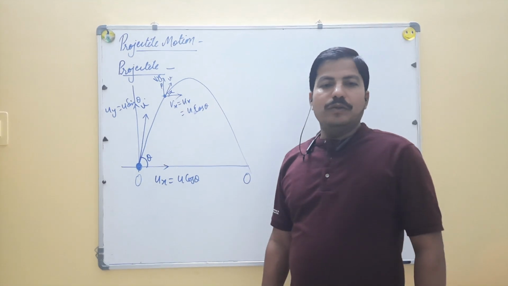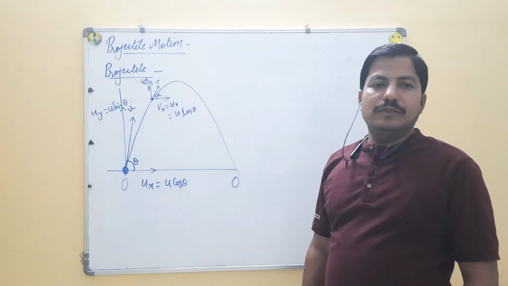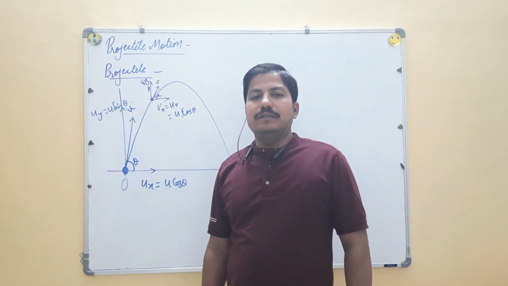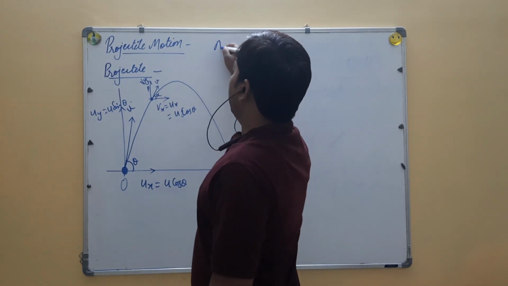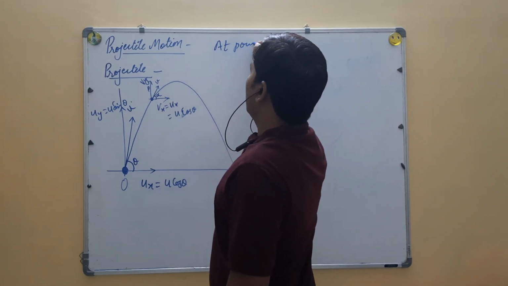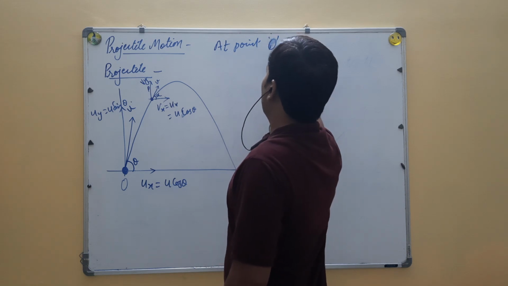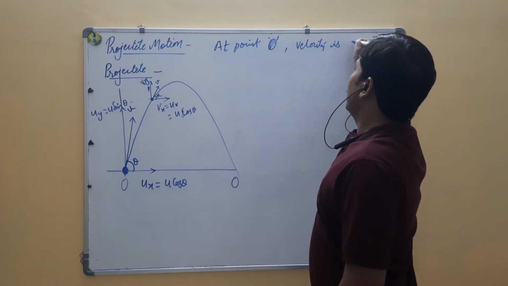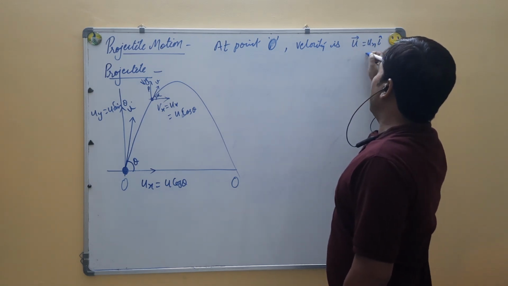vy has the value uy minus gt. So at point O, the velocity is u equal to ux i cap plus uy j cap.